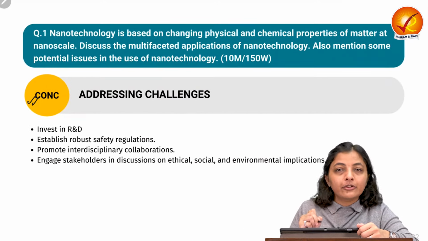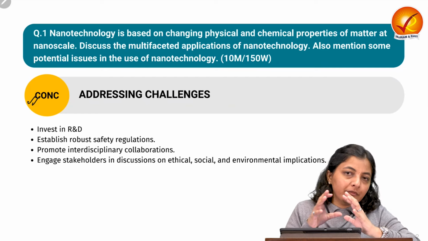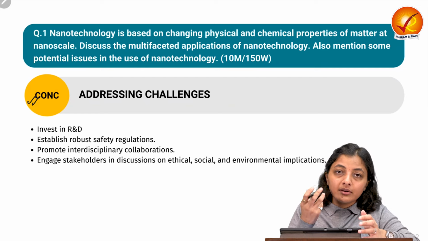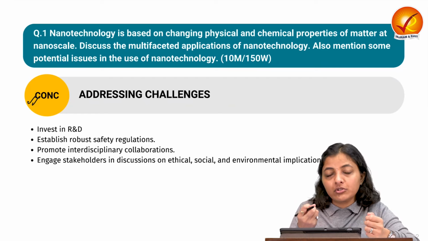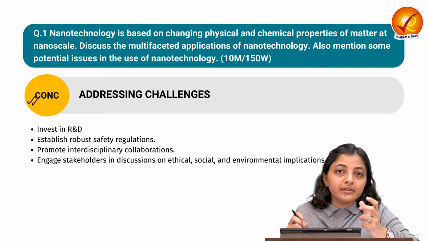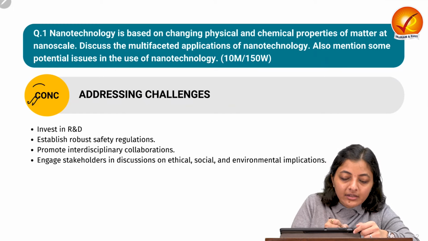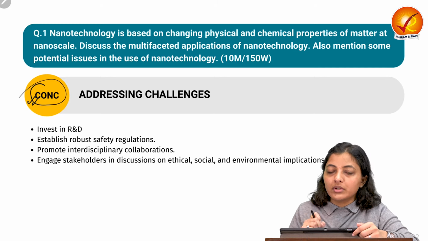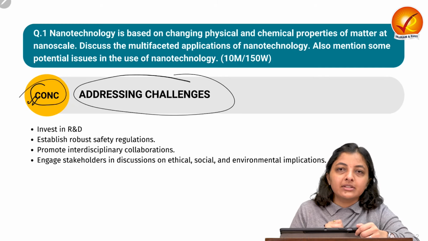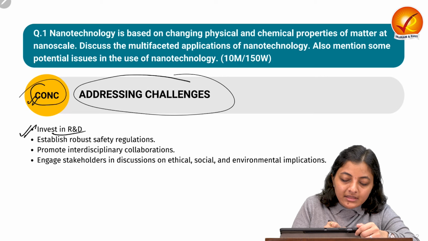Next is about the conclusion. Now we have dealt with the potential benefits of nanotechnology, followed by the challenges or issues. Then in conclusion, you can write some way forward, like how we can address these challenges. So we need to invest in R&D.